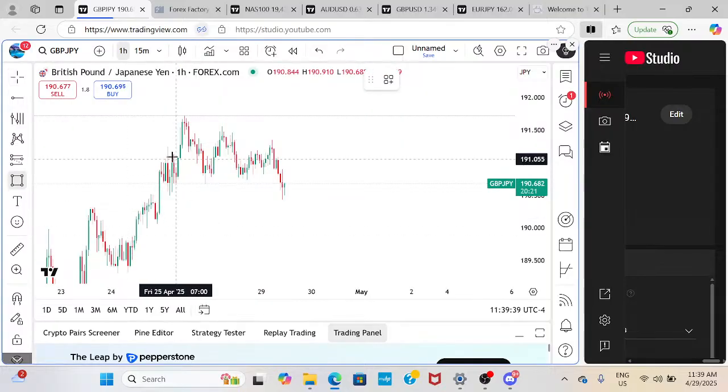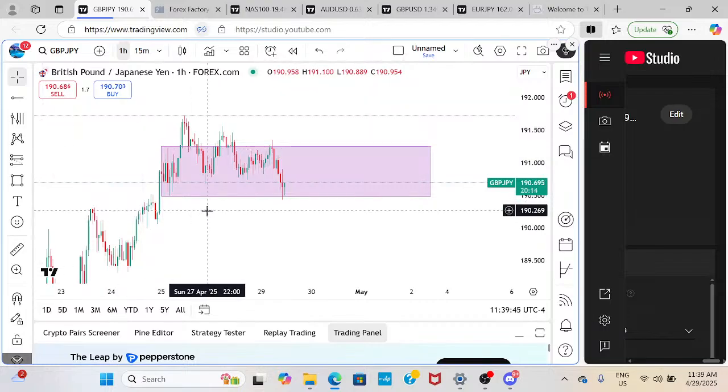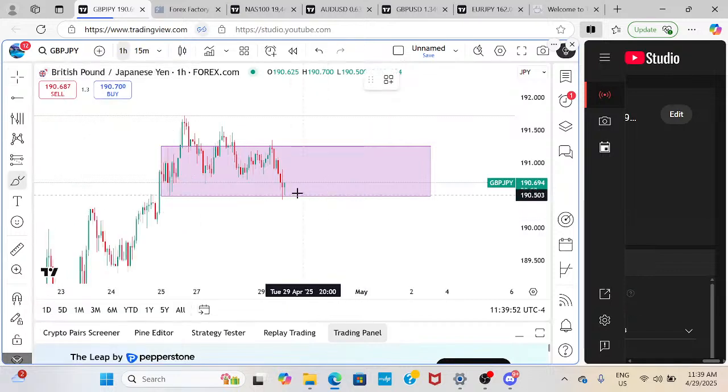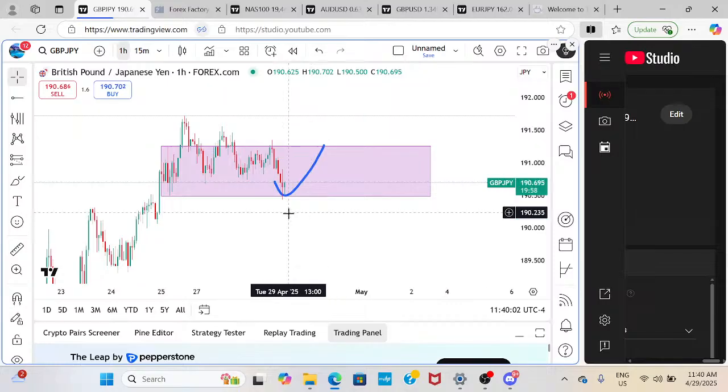Okay, so on the 1 hour, it is trending up. Look at that. It's at a possible area for a buy, right here. This is an area that should push the price up to that level right there.